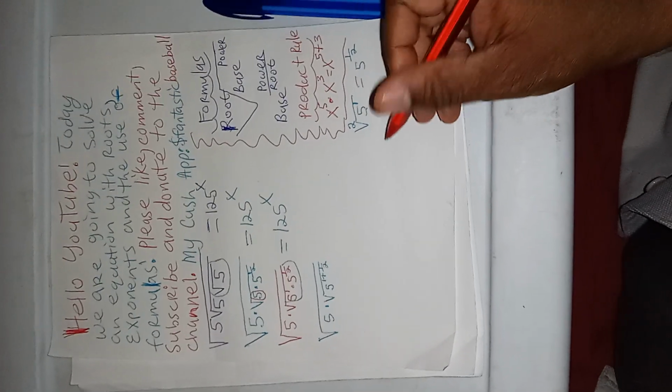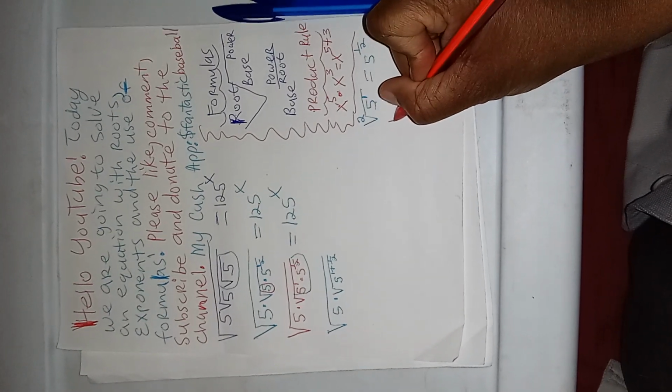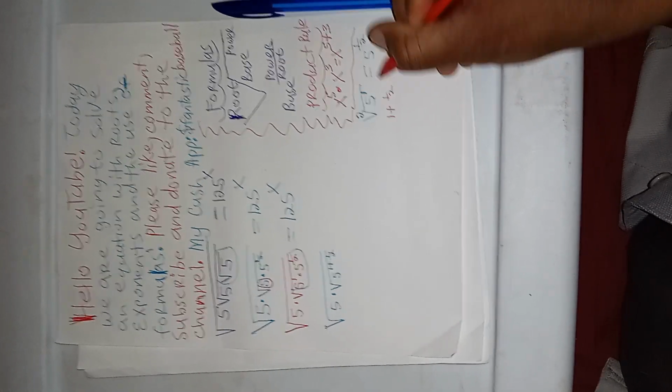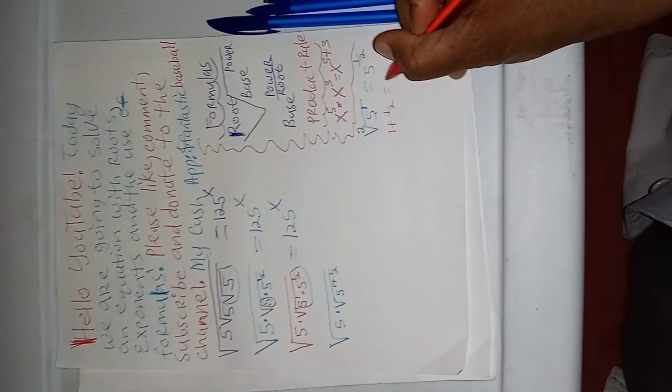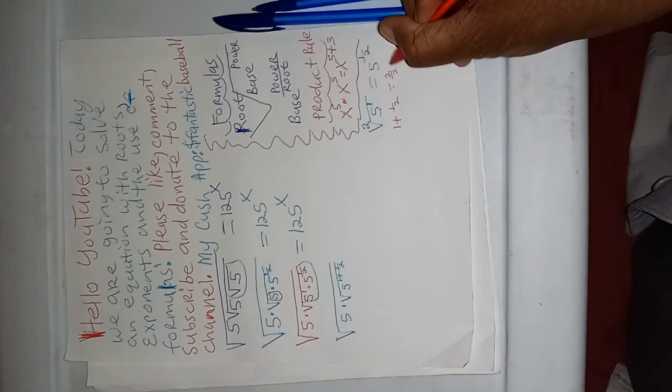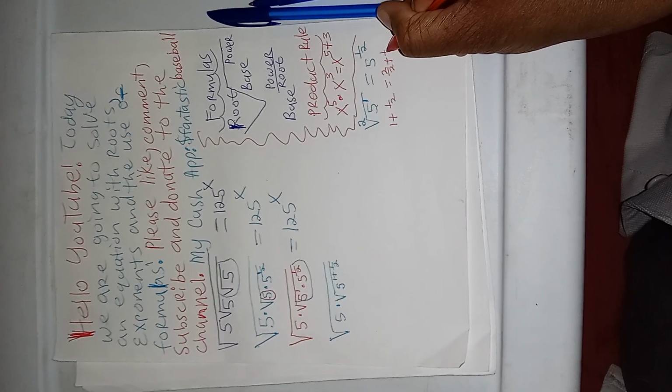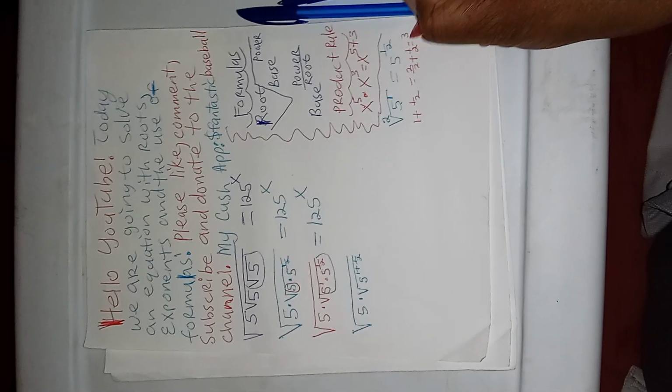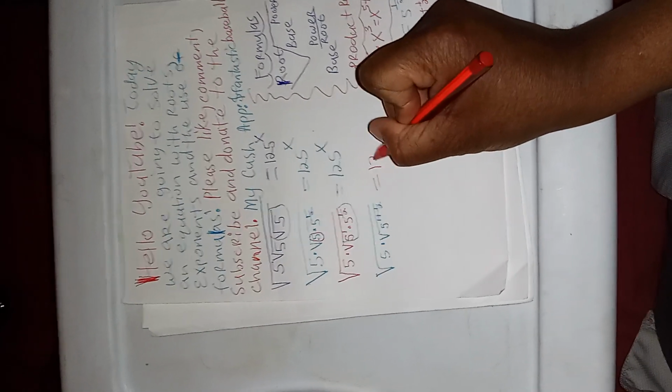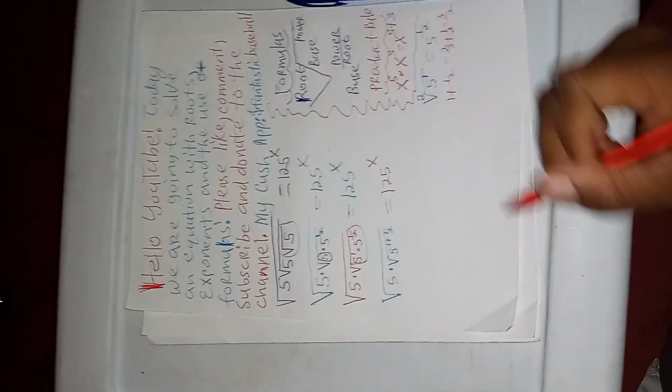1 plus 1/2 is equal to 2 over 2 plus 1/2, and that is equal to 3 over 2. Let's write the other side of the equation here.